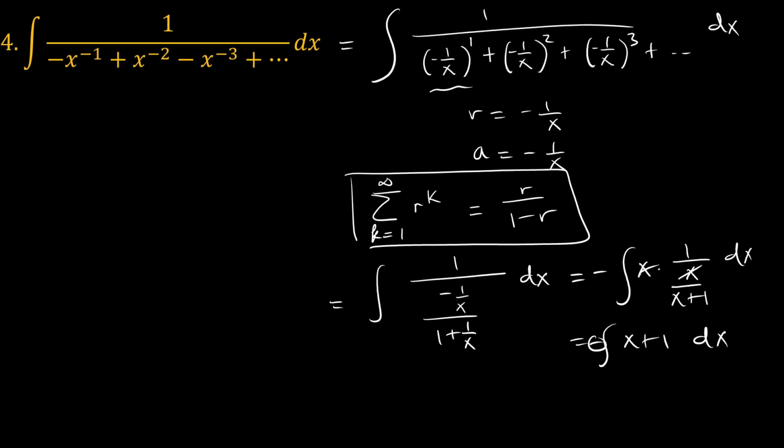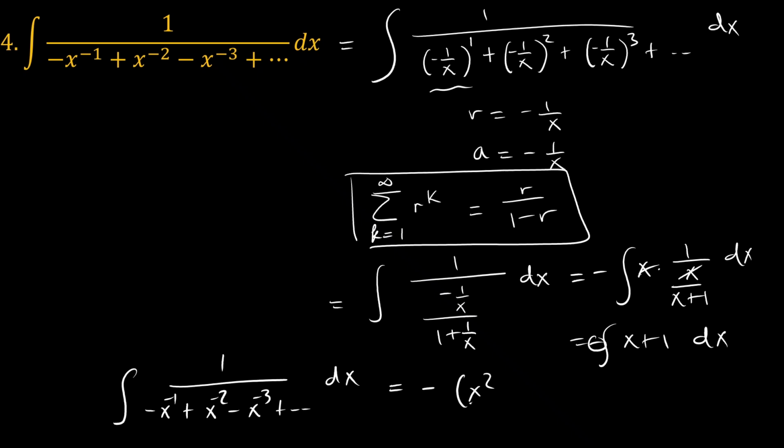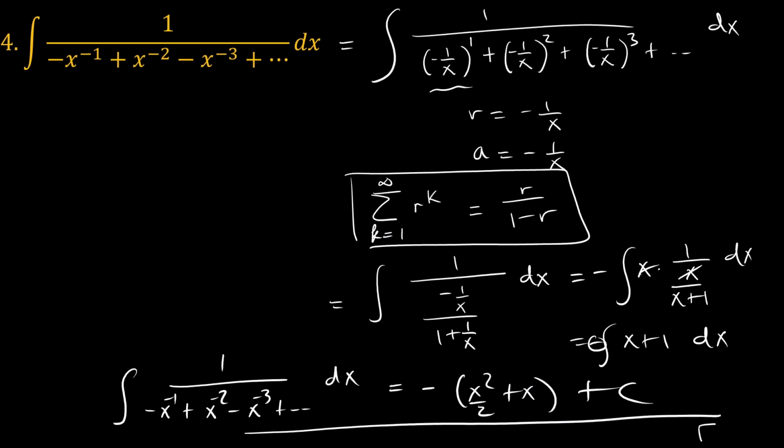So the negative there is important, and so our integral of 1 over negative x to the negative 1 plus x to the power negative 2 minus x to the power negative 3 plus and so on is equal to negative x squared over 2 plus x plus integration constant c. And that is our solution.